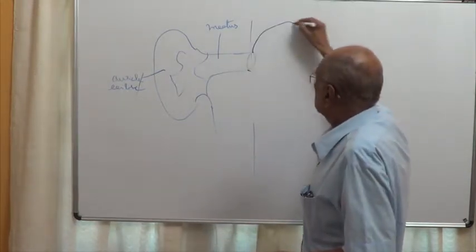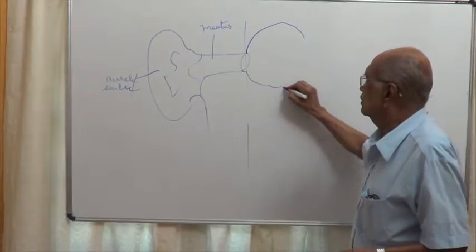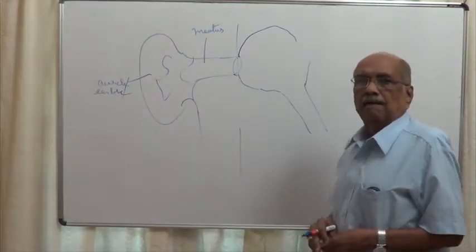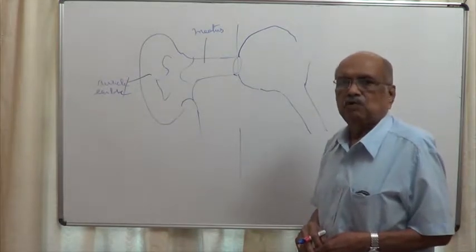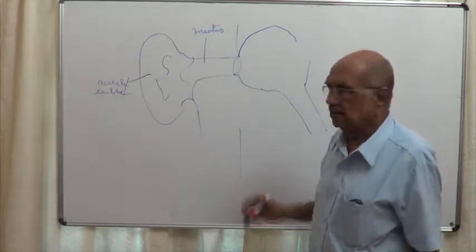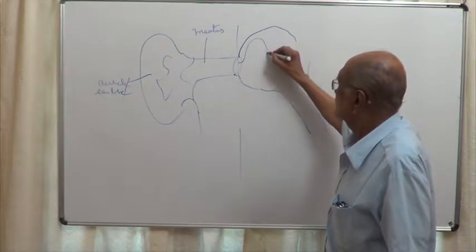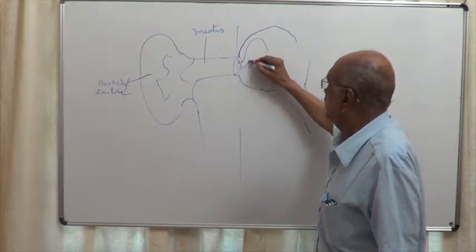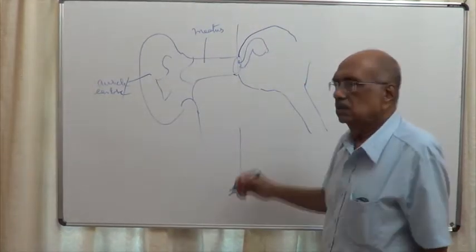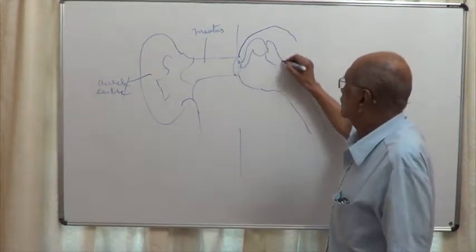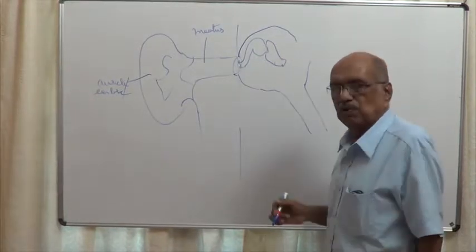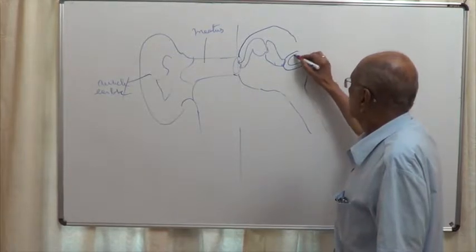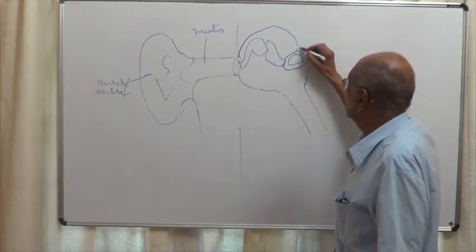The middle ear is a cavity which has three components inside it. A bone shaped like a hammer, another bone shaped like an anvil, and a third bone shaped like a stirrup.